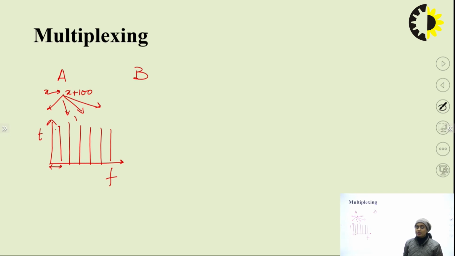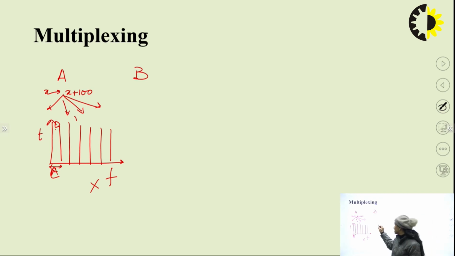Whereas the disadvantage is that no two users use the channel 24/7, right? Let's suppose I use it for calling. If A and B, or C and D, communicate in this channel, they will communicate for maybe a few minutes or a few hours. So FDM is wasteful of bandwidth. It is also a rigid system. More users cannot be accommodated.